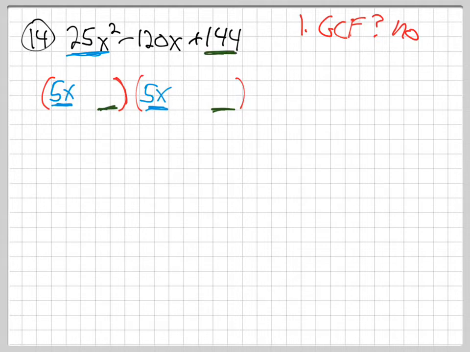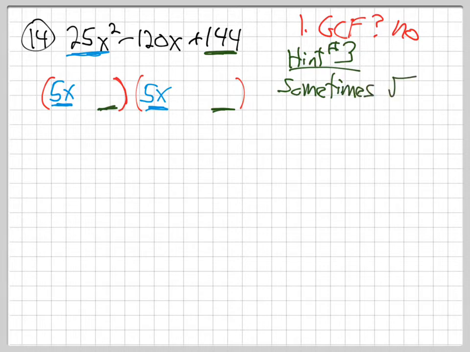Now, let me give you a hint. If you're looking at something like 144, sometimes, not always, this is hint number 3. Sometimes the square root of the number works. Not always.